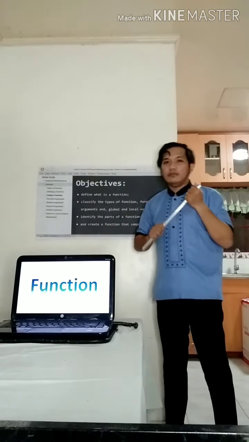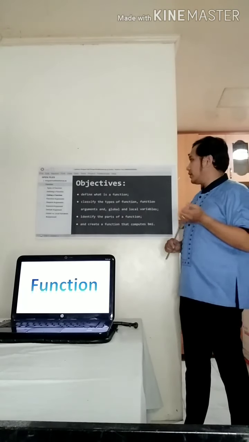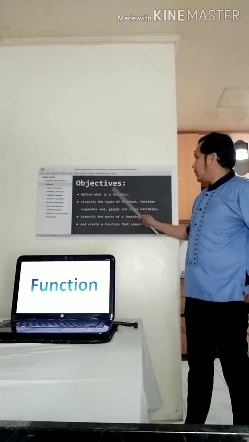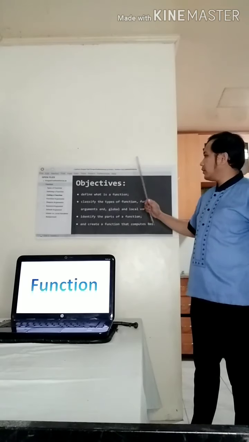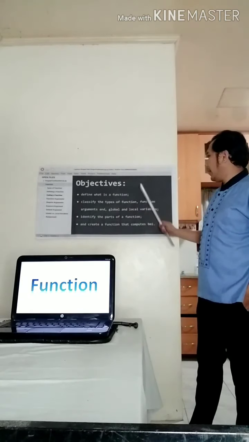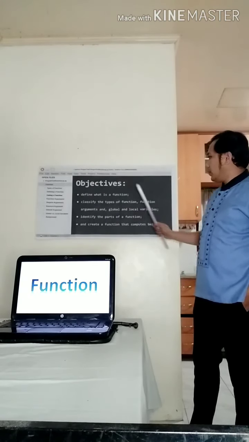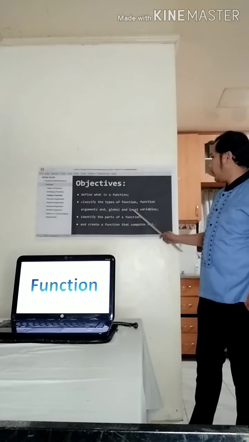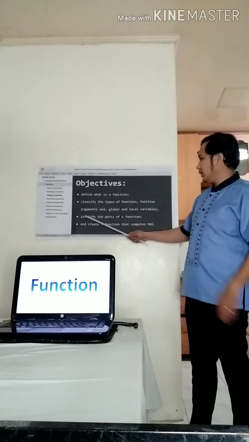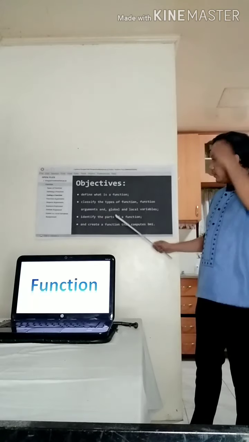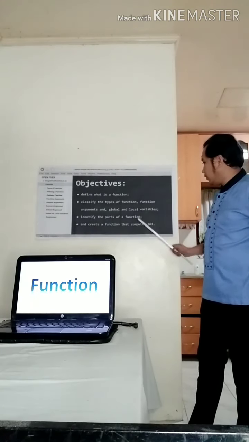Okay, so our objectives for our lesson for today are, first, define what a function is. Second, classify the types of functions, function arguments, and global and local variables. Third, identify the parts of a function and create a function that computes BMI.